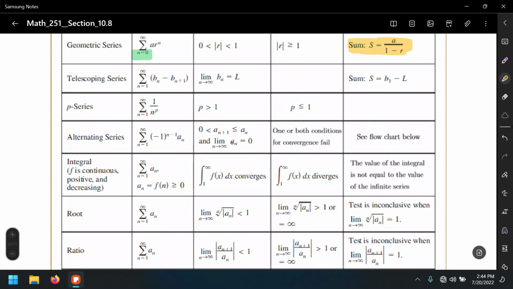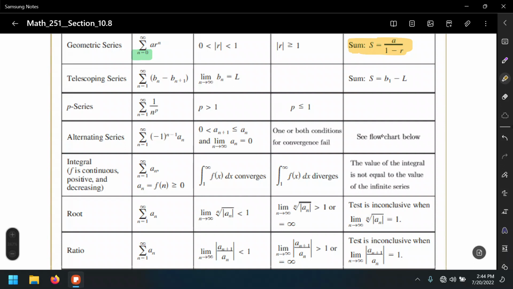And well, the two conditions for convergence are that the limit of the expression without the alternating factor is 0, and that we have this non-increasing condition, all right? And then from here, if one or both conditions fail to be satisfied, well, we're done, and the series diverges.